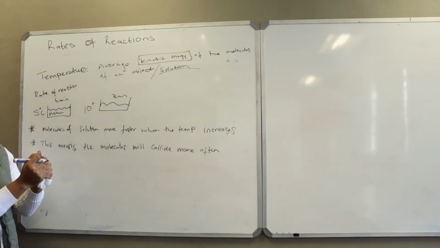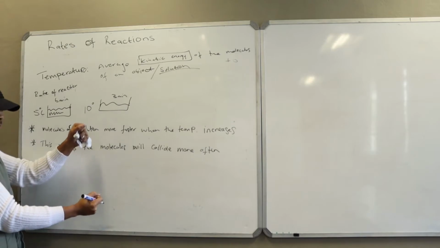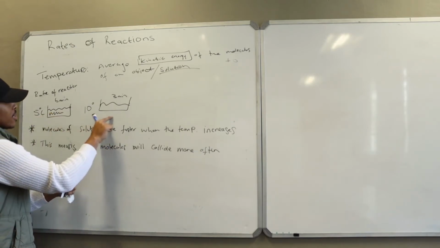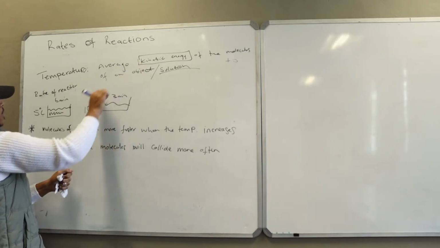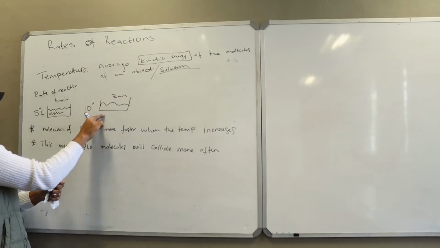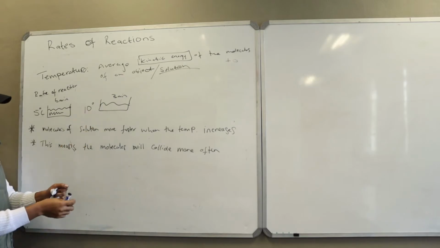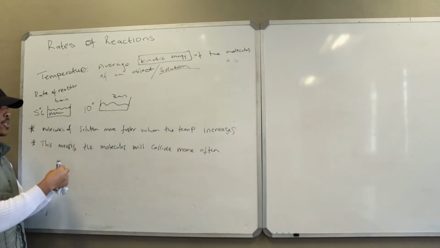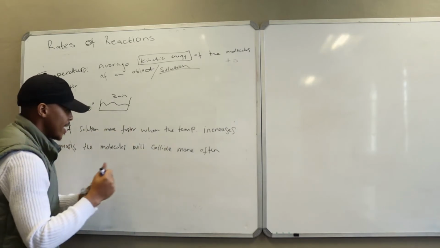So when you increase the speed of these molecules, they're moving at a particular speed at 5 degrees Celsius, but when you increase the temperature, remember it's the average kinetic energy, increasing it means the molecules move faster than before, meaning there's a greater chance of them colliding.